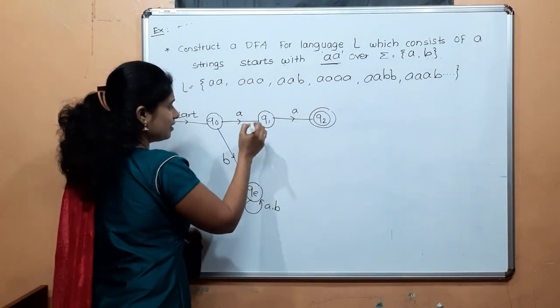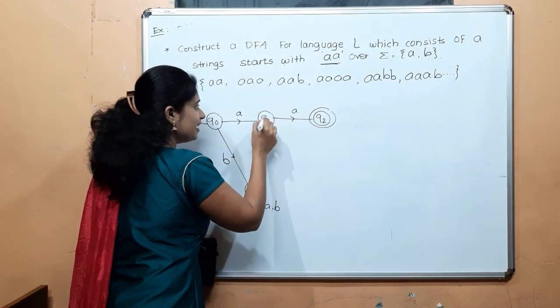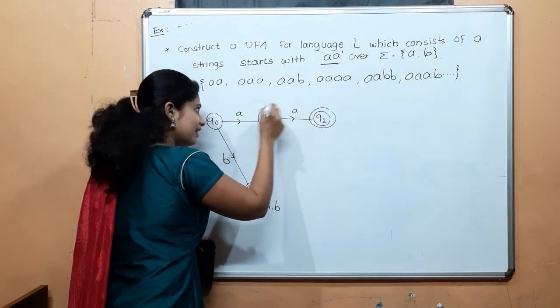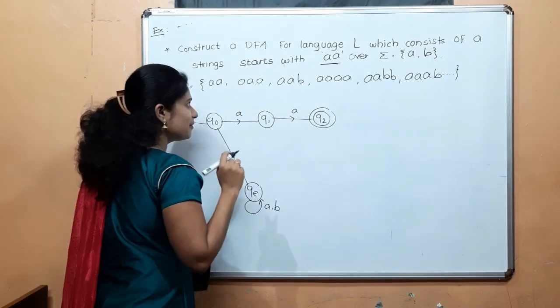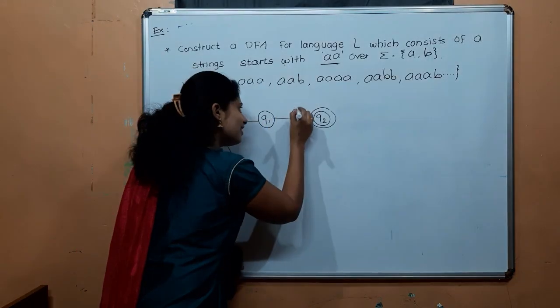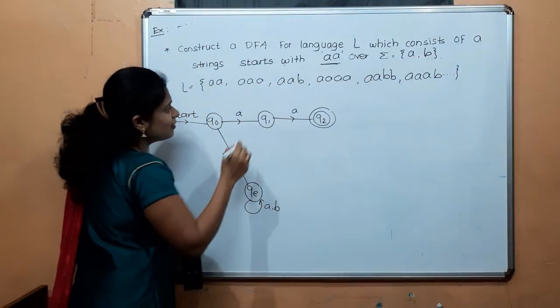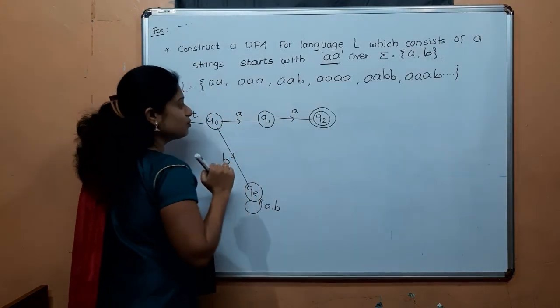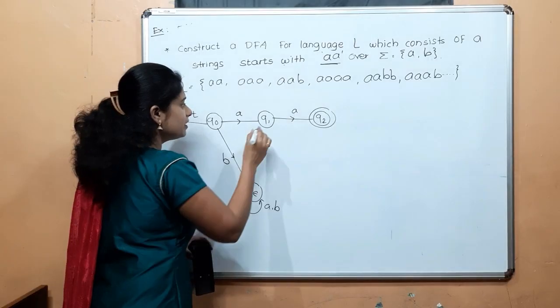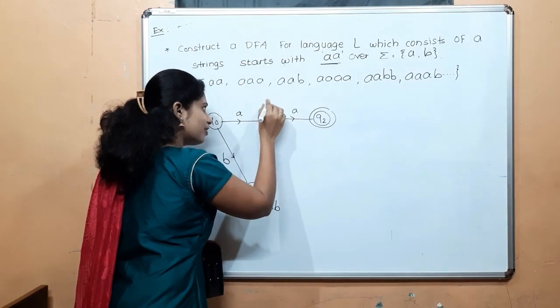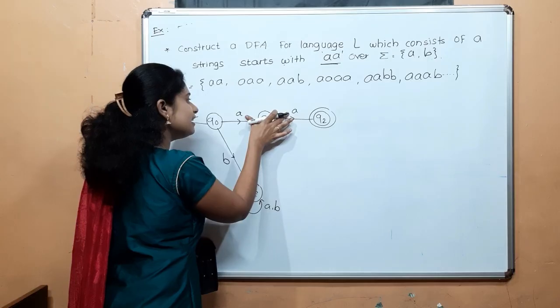That's why, see here, if A is occurring in between these two A's, here we already give A to Q2. Now see here, if B is occurring between these two A's, then what will we do? See here, if B occurs between these two A's, then it is invalid.